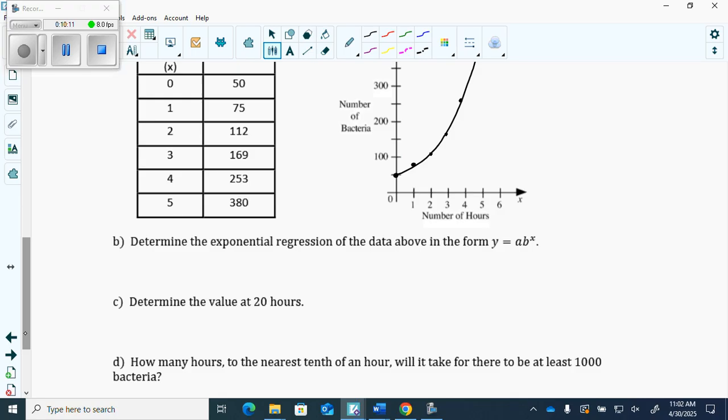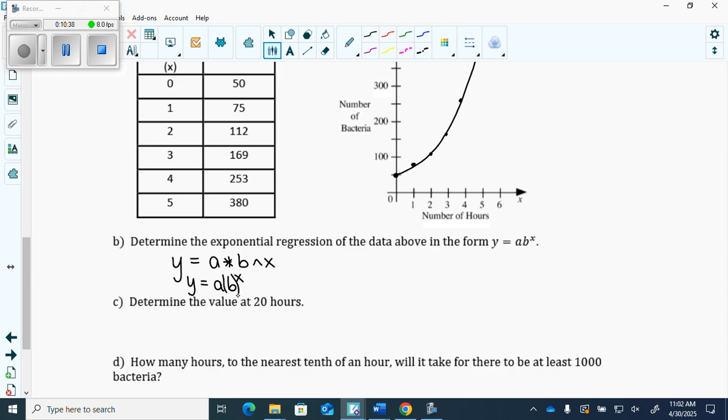Now it wants us to determine the exponential equation. So here it has y equals a times b to the x, right? That's how it's written. It tells you how to write it out. That is a fancy and a not fancy way of writing a b to the x. And I always like putting my b in brackets because the x is only to the b.